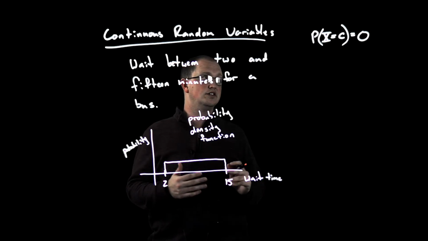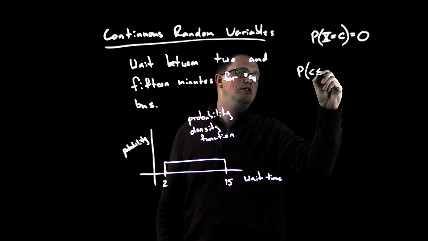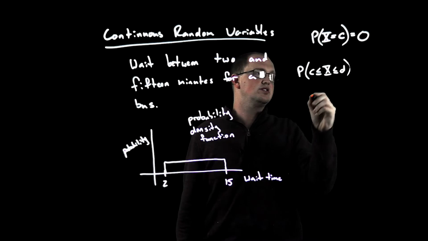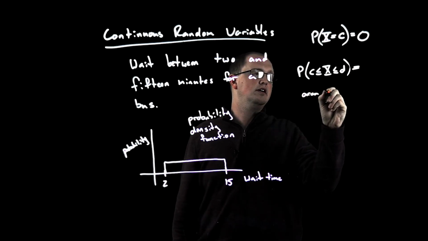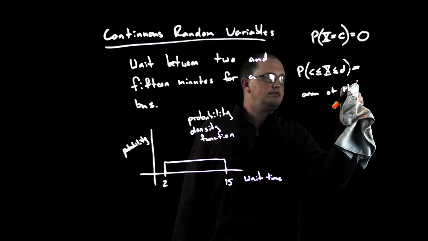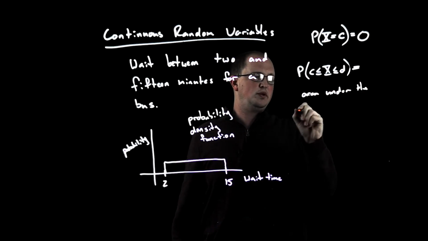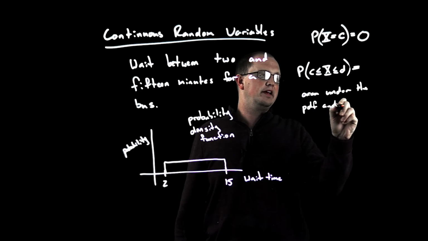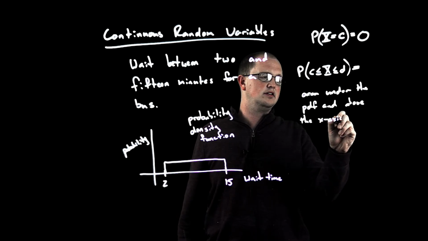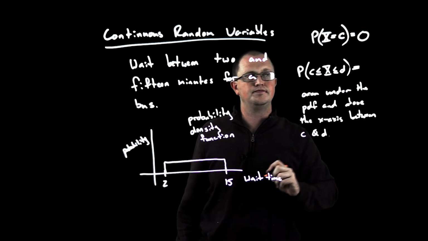So those rules are still very similar, and that gives us that the probability that x is between C and D is just equal to the area under the curve, or under the PDF, and above the x-axis between C and D.